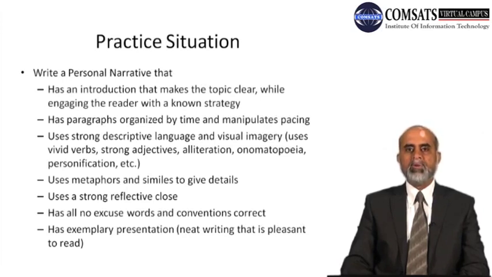I repeat, a word whose sound suggests its meaning. For example, a cock cocks, a crow crows. So instead of writing the crow, you can say caw, caw, caw, or you can say quack, quack, quack. So this word quack actually suggests its meaning because of its sound. So this is called onomatopoeia.